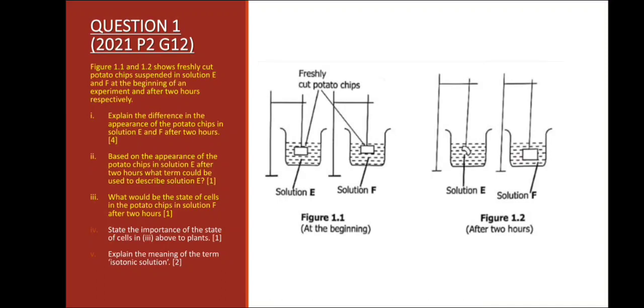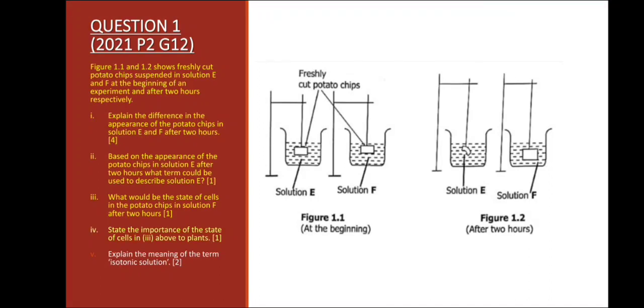Since an animal cell only has a cell membrane as the outermost layer, it is going to burst because the cell membrane is not strong enough to withstand the pressure. But a plant cell has got a cell wall which prevents that cell from bursting. So the cells are fully turgid because they gained water. All right, 1 mark.